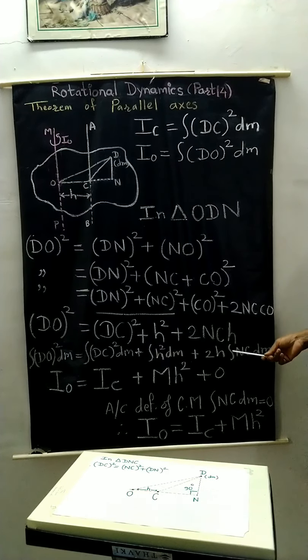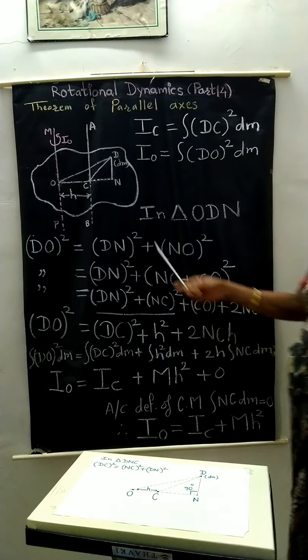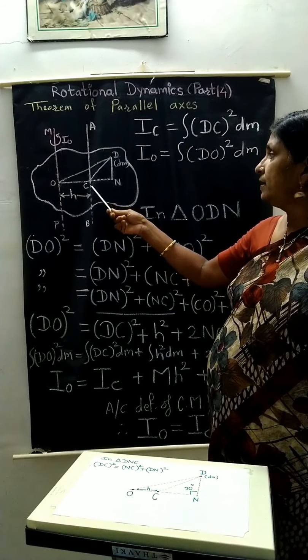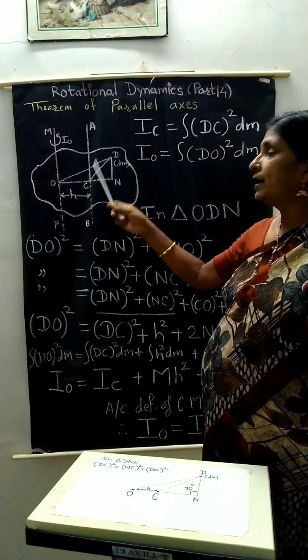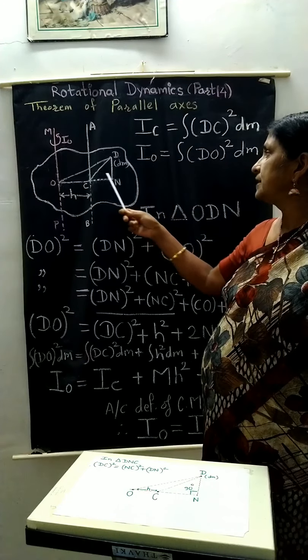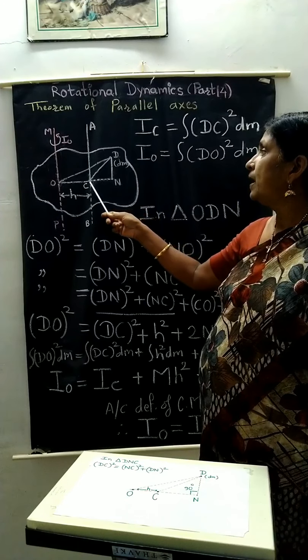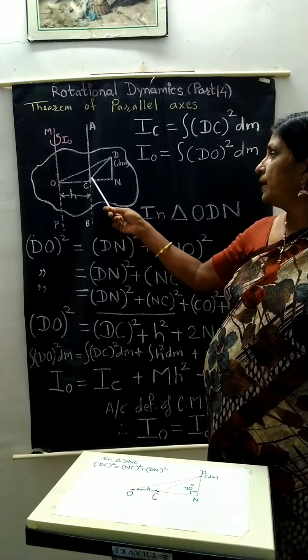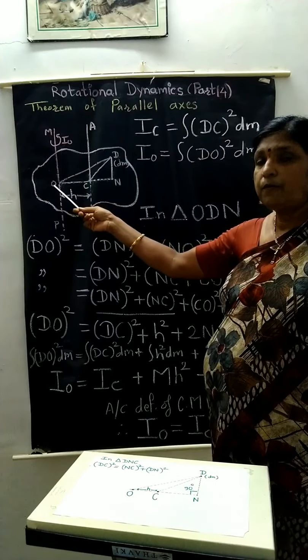Again, when we see the properties of the center of mass, we know that for the center of mass, some masses are situated to the left, some are situated above the point, some are situated below the point, some are situated to the right of the point.